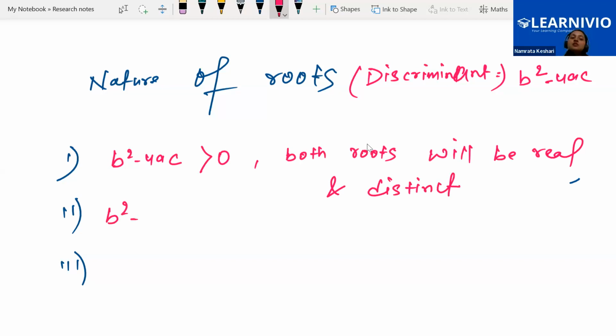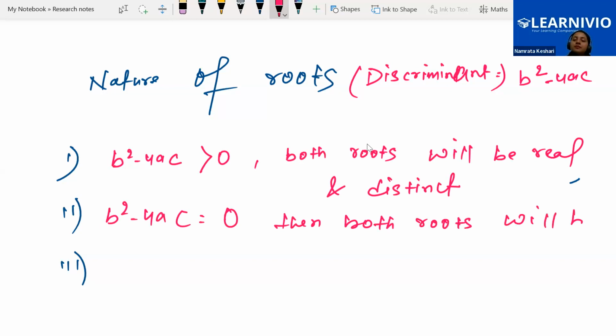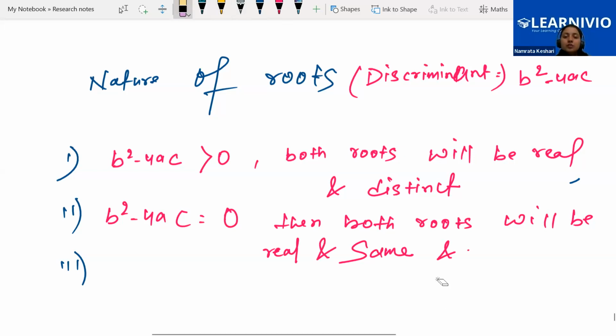If b square minus 4ac equals 0, then both roots will be real and same. Real means real number, and it will also be same.